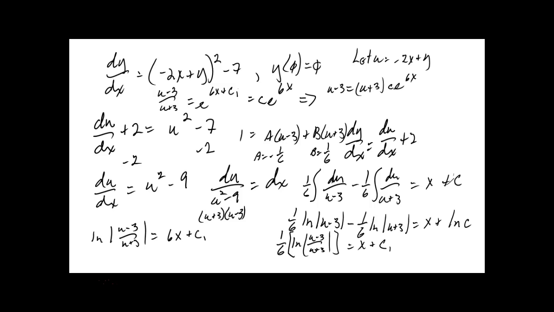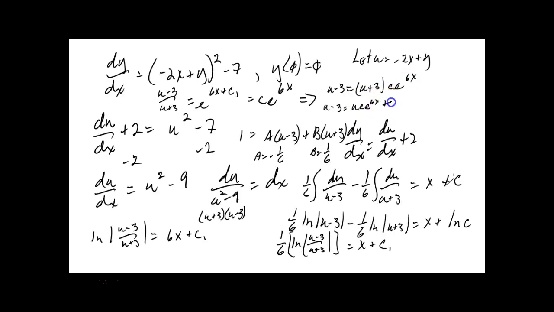Now, this is a lot of mathematical manipulation. It doesn't get you very much, but it does make a few things a little simpler. Okay, u minus 3 is equal to u c e to the 6x plus 3c e to the 6x.